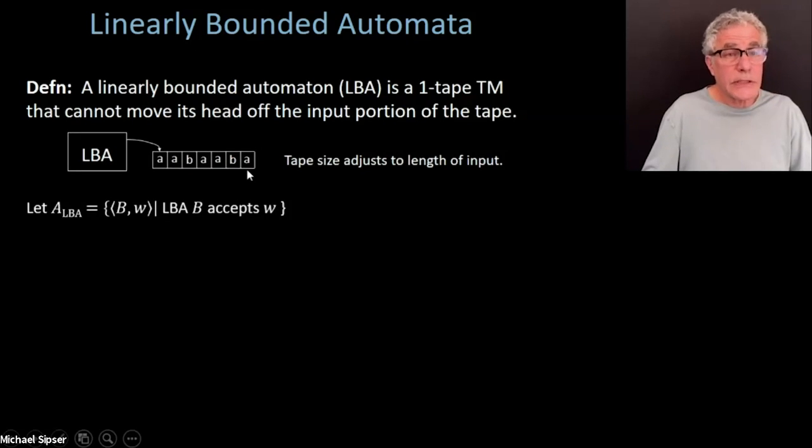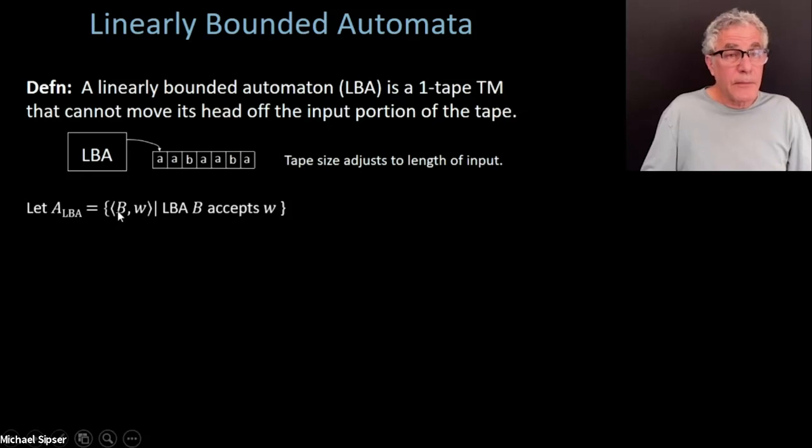At first glance, you might think, well, an LBA is like a Turing machine, and the A_TM problem is undecidable. So that might be a good first guess.